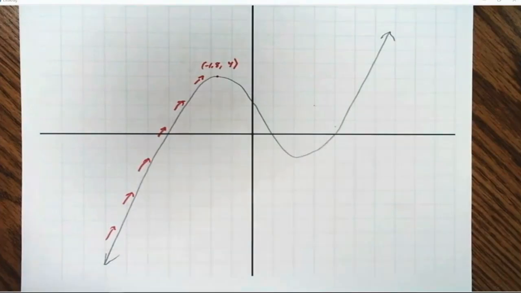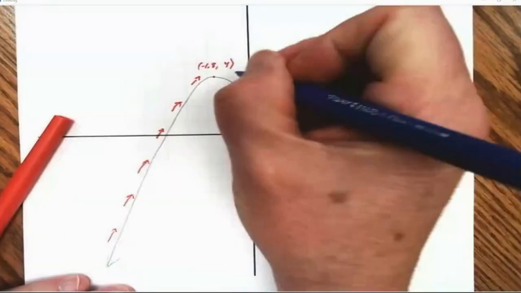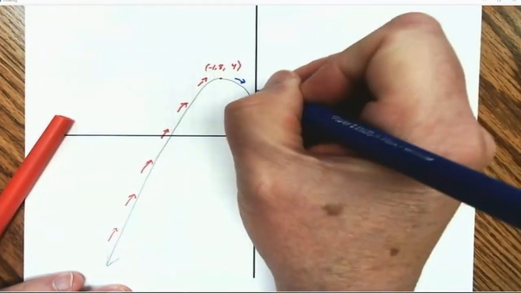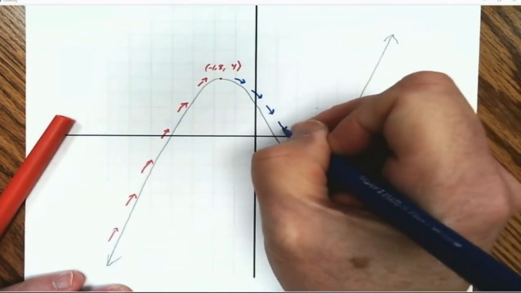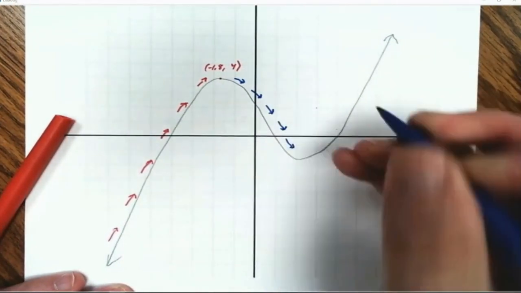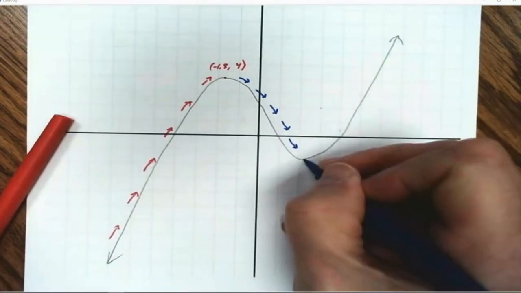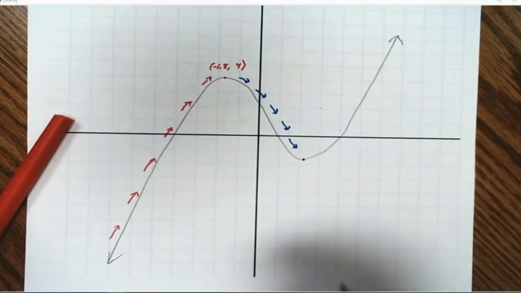Then what happened? Well, then it started decreasing. Now it's a decreasing function. And this thing decreases all the way until it gets to right there. So let's give that a value.